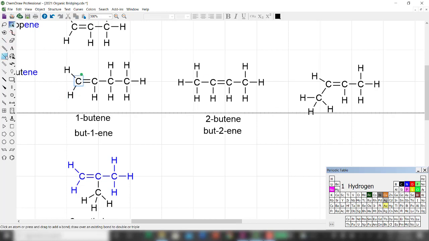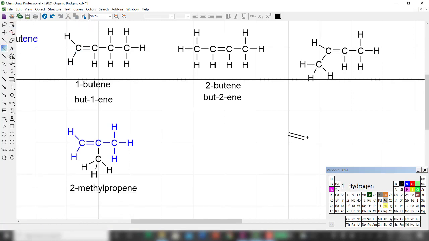As this is a bridging, I'm really not going to go into details, but I'm just going to illustrate it here since I have talked about it. I'm going to put in the carbon and the groups.